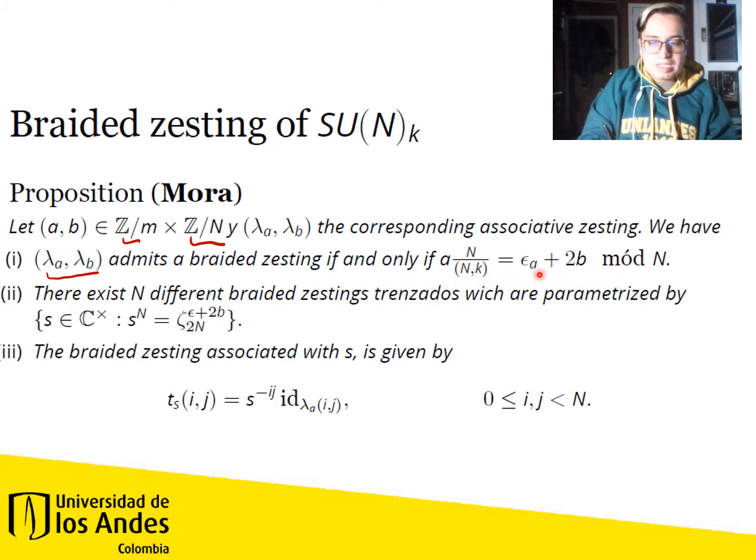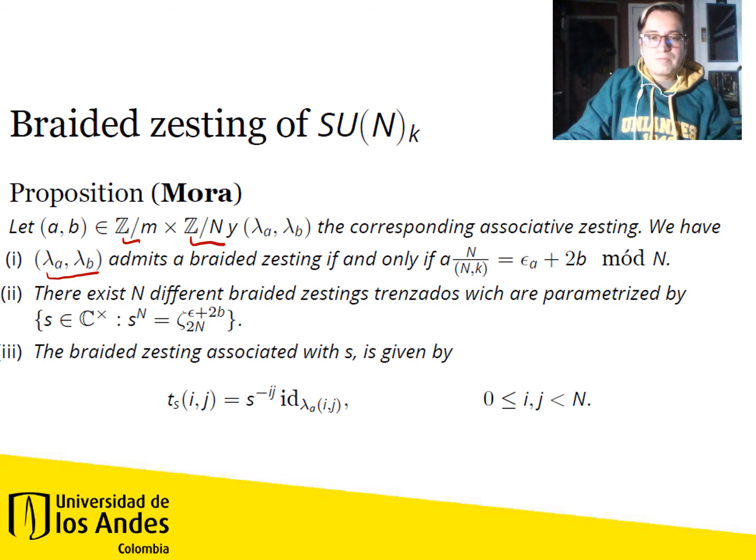Here I'm using the number epsilon that I defined before. Also, there exist n different braided testings that are parameterized by some number s, with that number s satisfying this equality here. And also with that number s, the isomorphism T in the definition of braided testing will act like this, depending on my number s.